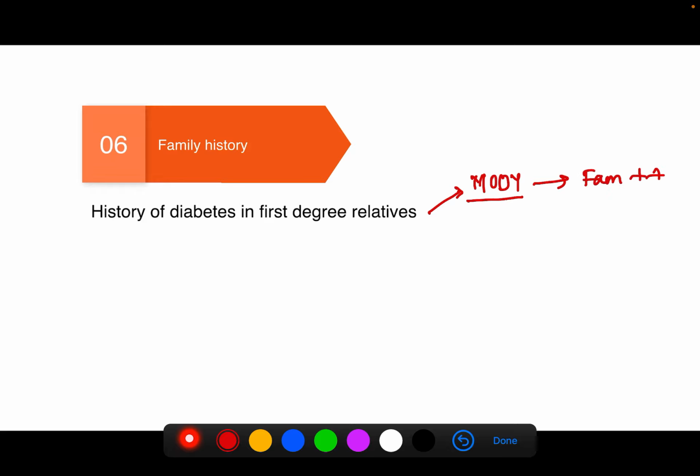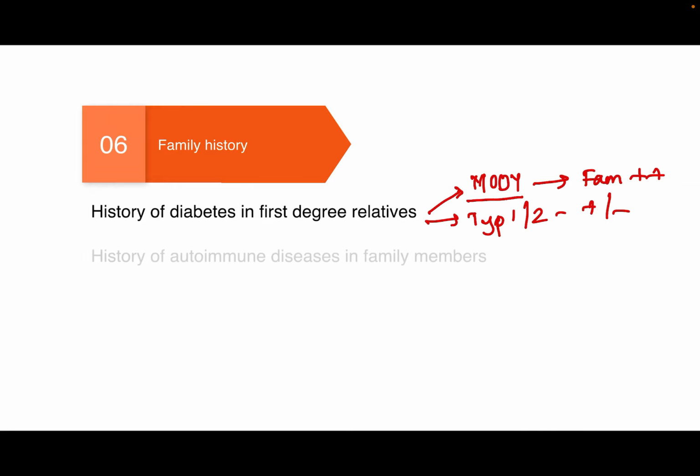So if the family history is not there, you can easily rule out MODY. In type 1 and 2, it can or cannot be there, because diabetes is so common in India that it's very common that the parents might have diabetes. So you should ask about history of diabetes in first degree relatives.